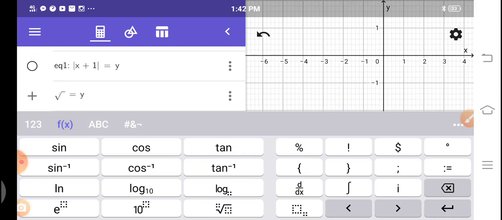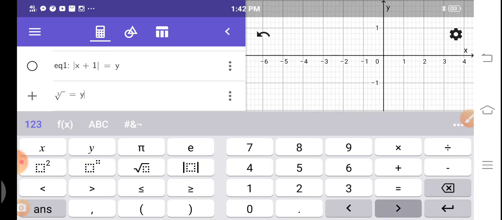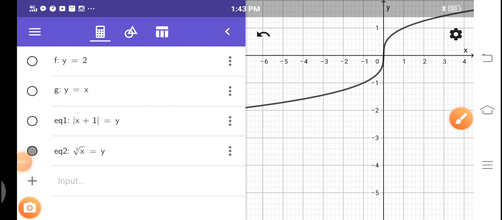Where's cube root? Okay, that's the graph of a cube root function. So this is cube root.